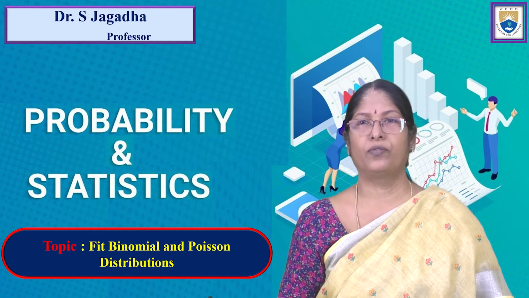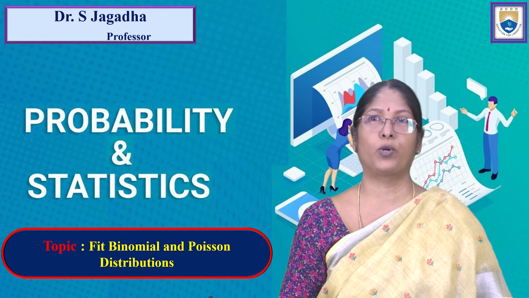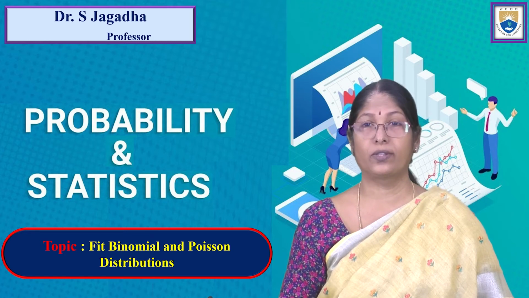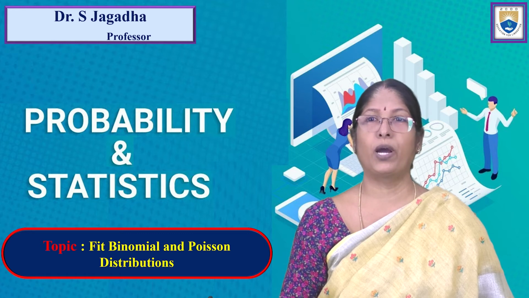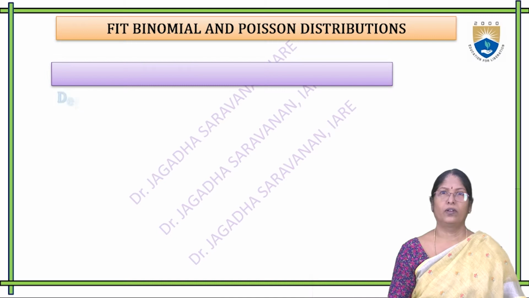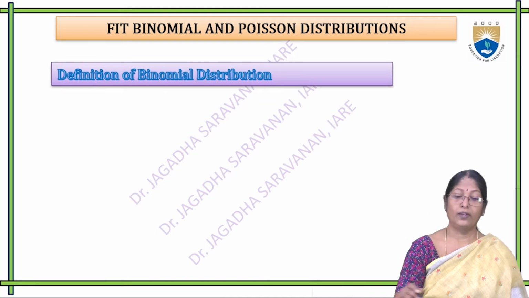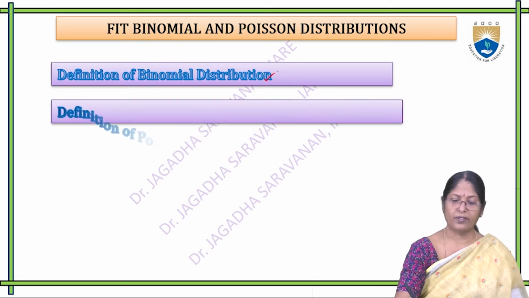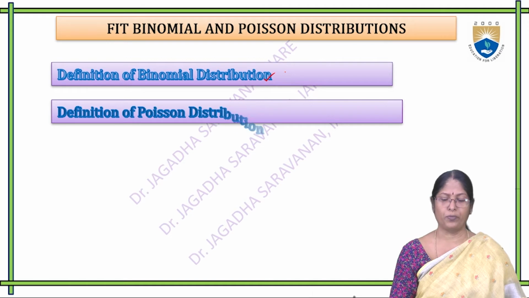The subject for the video lecture we selected is probability and statistics. The topic we are going to discuss is fitting binomial and Poisson distributions. In detail, we are going to discuss the definition of binomial distribution. Next, the definition of Poisson distribution.